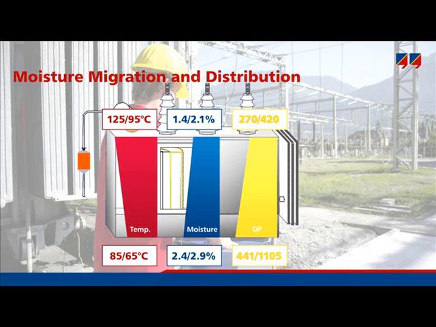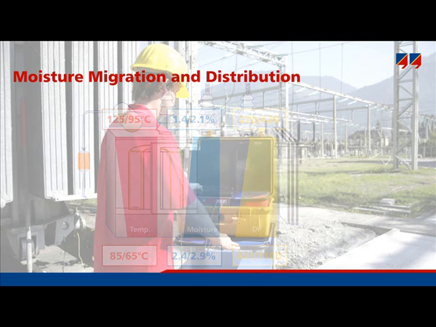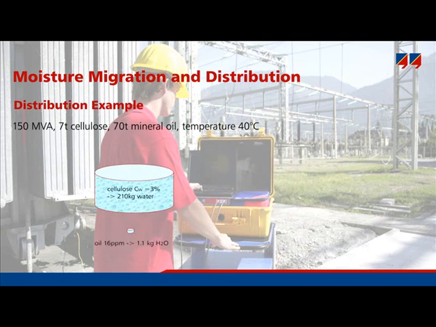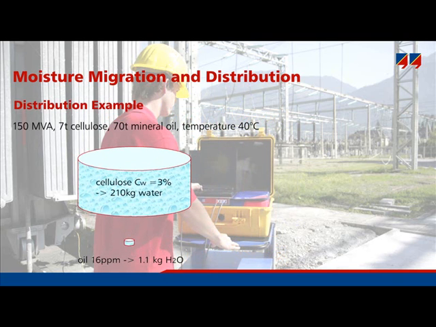The following example illustrates the moisture distribution between the liquid and solid insulation. A large power transformer of 150 MVA will have approximately 7 tons of cellulose and 70 tons of mineral oil. Assuming a moisture content of 3%, this means that this transformer has 210 kilograms of water in the solid insulation.